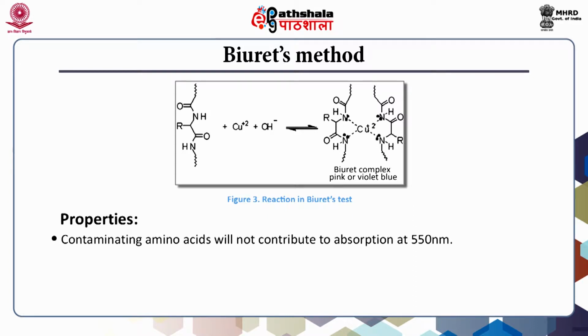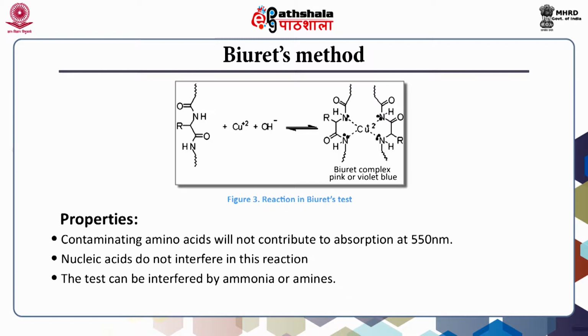It is a very commonly used method because it is not affected by any contaminating amino acid, since the complex formation depends on at least a dipeptide structure. It is also not interfered with by the presence of nucleic acid. But the major disadvantage is that this test can be interfered with by some compounds like ammonia or amines.